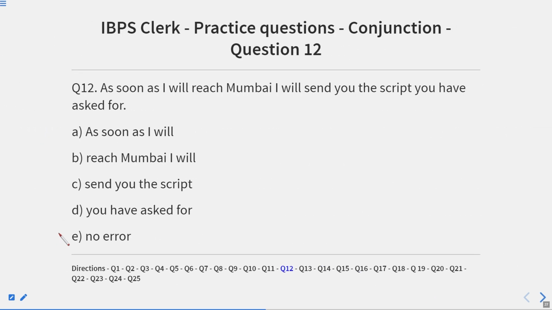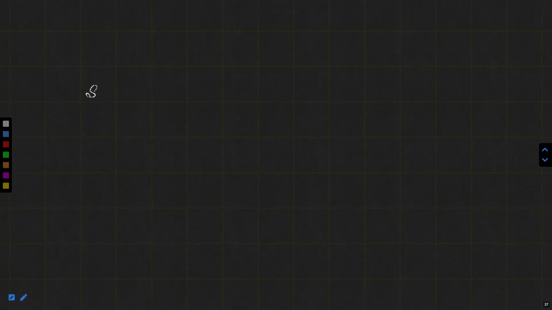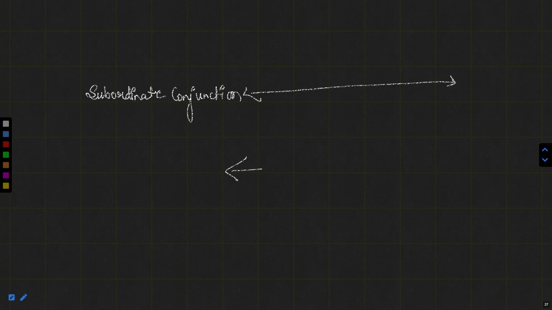As soon as I will reach Mumbai, I will send you the script you have asked for. Now, as soon as is actually a subordinate conjunction. Whenever we have a subordinate conjunction, there is a rule. The clause just after the subordinate conjunction should not contain any modal.